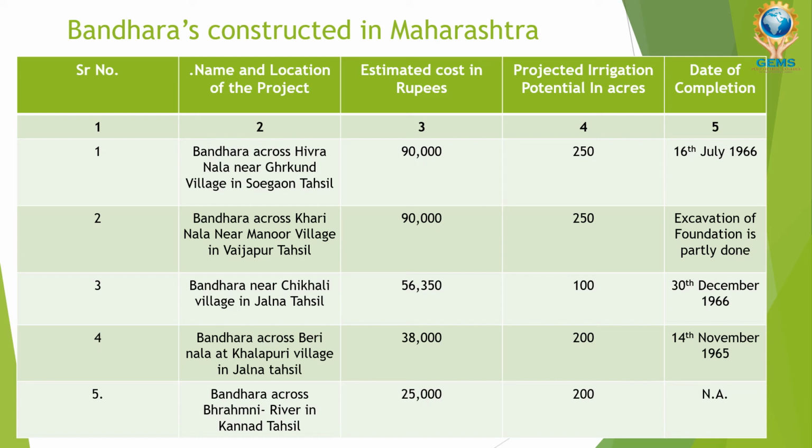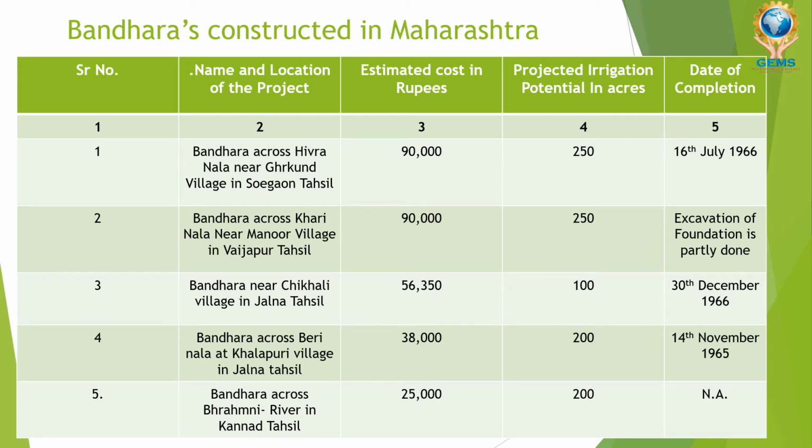If you are going to construct a bandra, you may read articles where bandras have been constructed. I have given you some examples so that you can analyze further if you are interested in studying bandras, because bandra is a very important and very easy concept. It is easier than weirs and dams. You can easily study bandras.